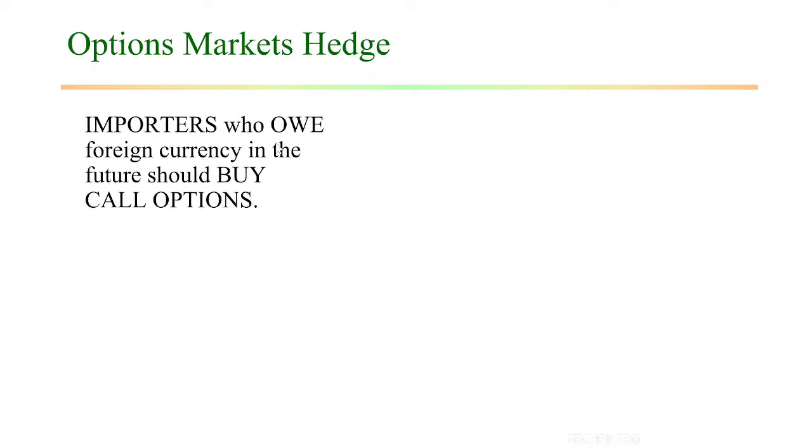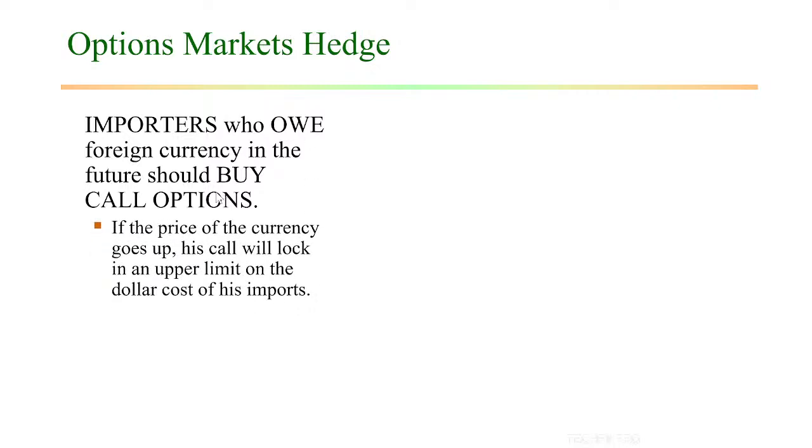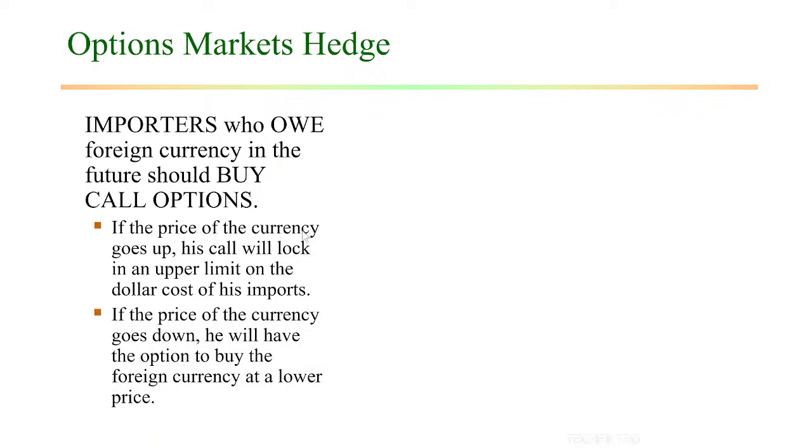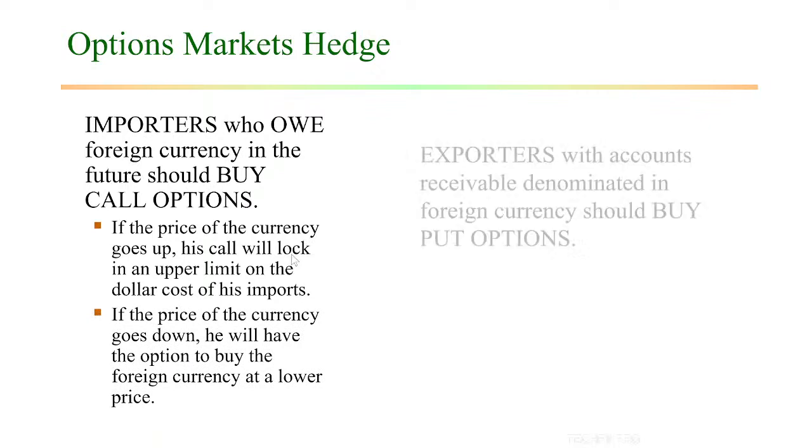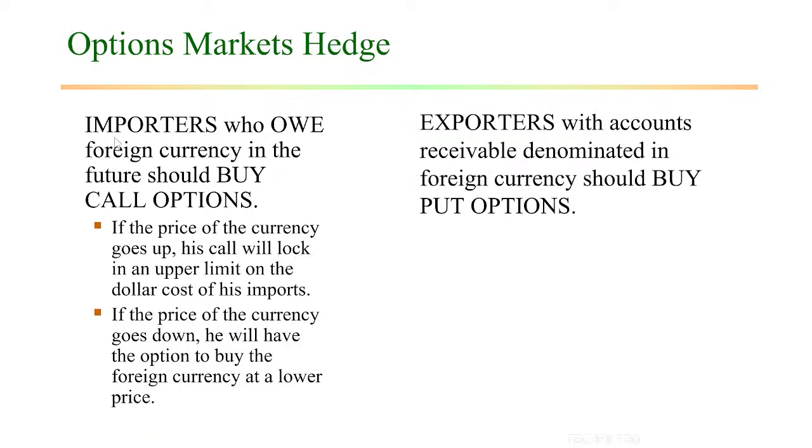So importers who owe foreign currency should buy call options, and those who are going to receive foreign currency should buy put options. If you owe, you buy. If you own, you sell. So that's how you hedge. Importers typically use call options. Exporters typically use put options.